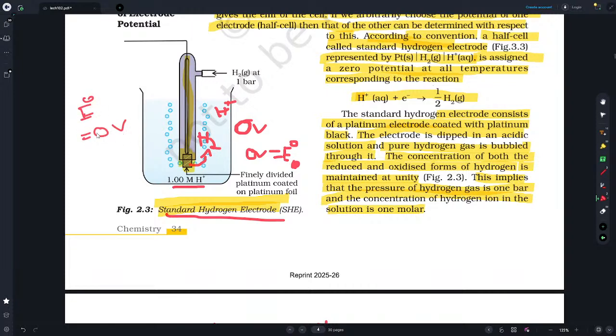We assume the standard hydrogen electrode will have a 0 volt potential difference.